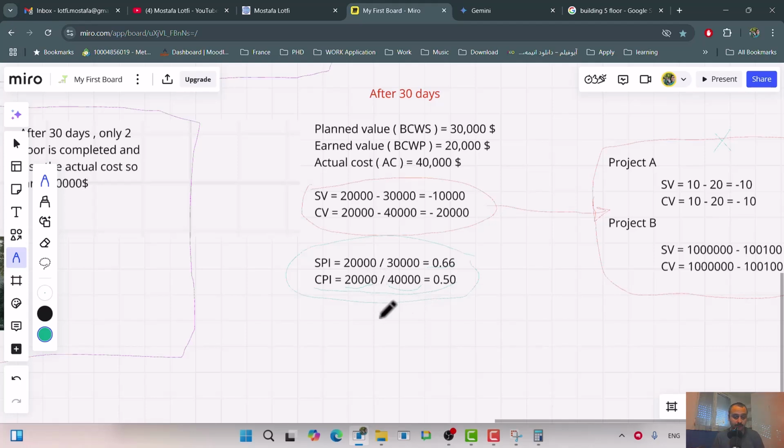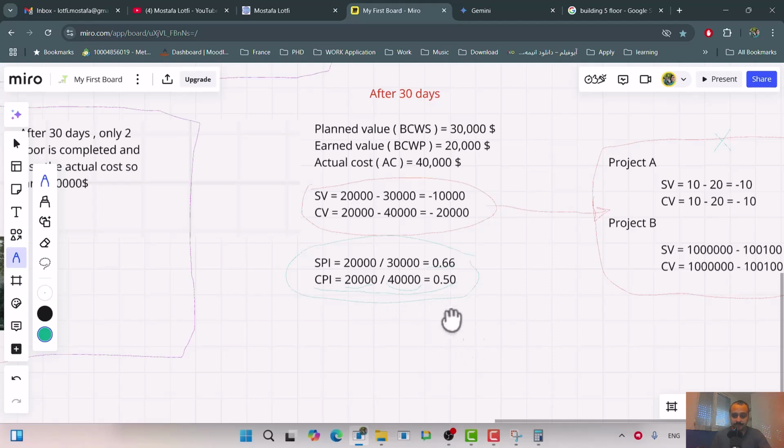So basically it is saying our performance to convert our money to value in our project was 50%. In other words, we only gained value for half of the money we spent. But it is not saying what happened to the rest of the 50,000. That's a very important concept.